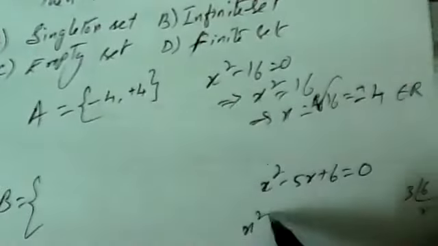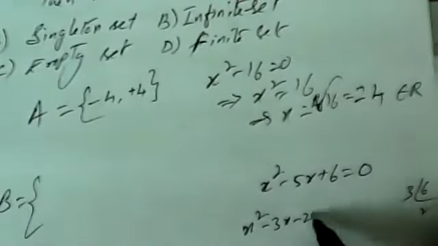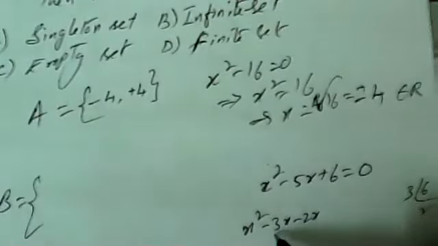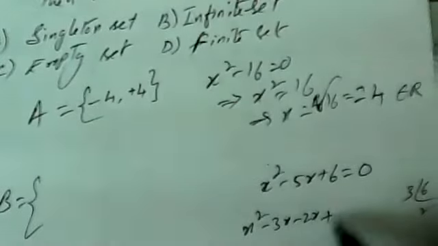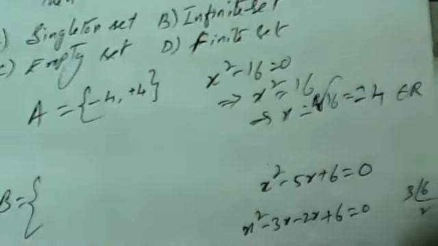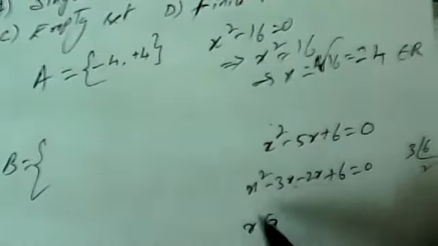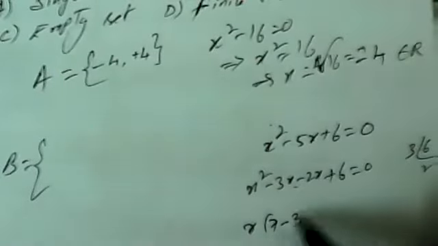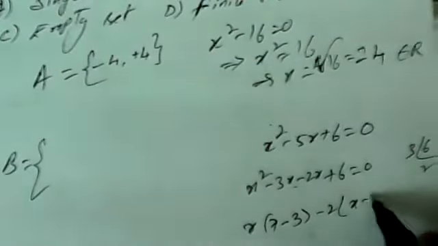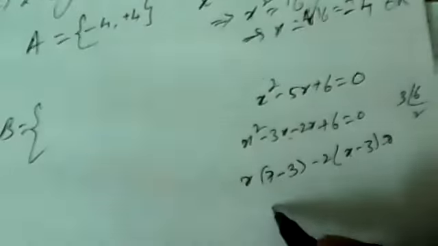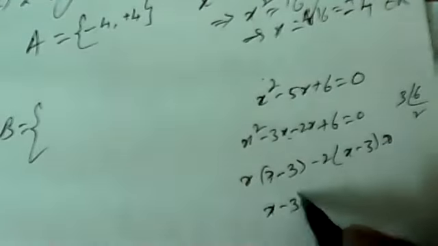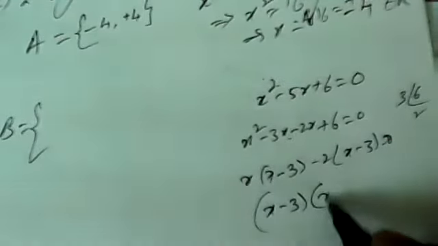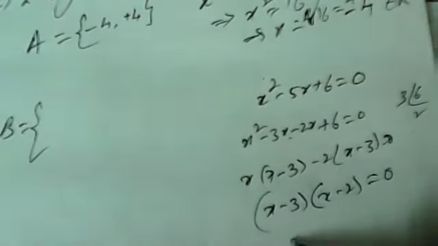So x square minus 3x minus 2x, since minus 3 and minus 2 add to minus 5 and multiply to plus 6. Equal to 0. So x into x minus 3 minus 2 into x minus 3 equal to 0. Taking x minus 3 common, we get x minus 2 equal to 0. So x is equal to 3 or 2. So we get 3 comma 2.